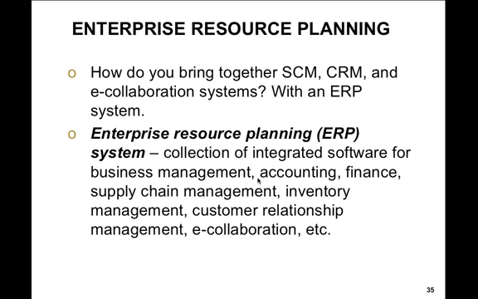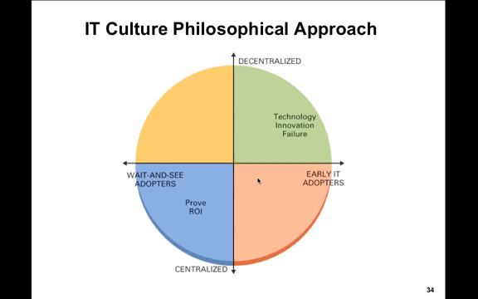The word that always confuses everybody. We have more of this in the next lecture as well. This is just the overview at this point. So how do you bring together supply chain management, customer relationship management, e-collaboration systems with an ERP system? Well, you actually have to reorganize the entire company. So going back to this kind of concept, you pick whatever you are, it doesn't really matter. You have a starting point.